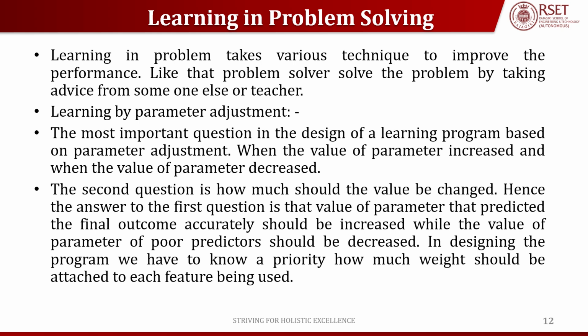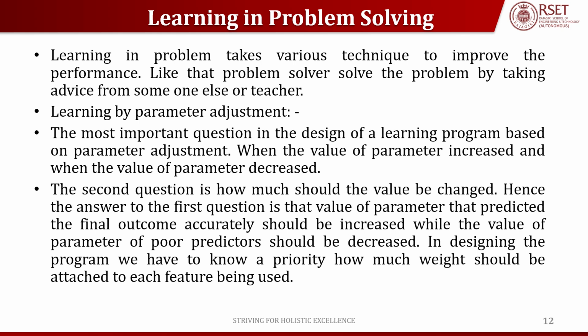The second question is how much should the value be changed? The answer to the first question is that the value of a parameter that predicted the final outcome accurately should be increased, while the value of a parameter that was a poor predictor should be decreased.